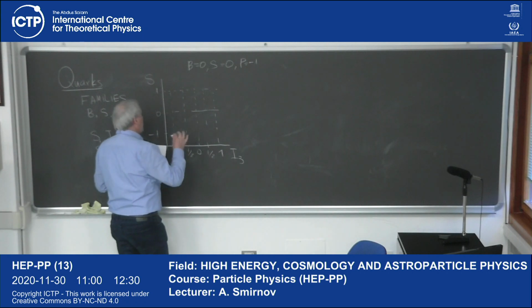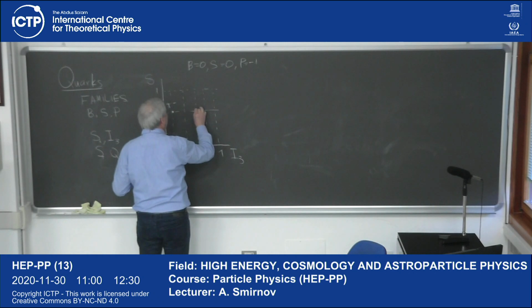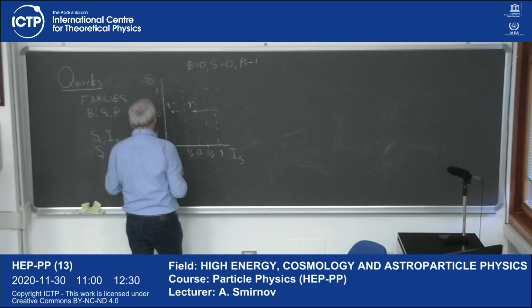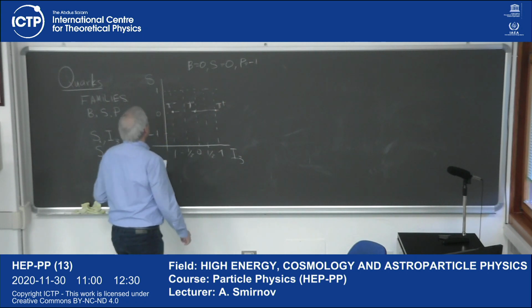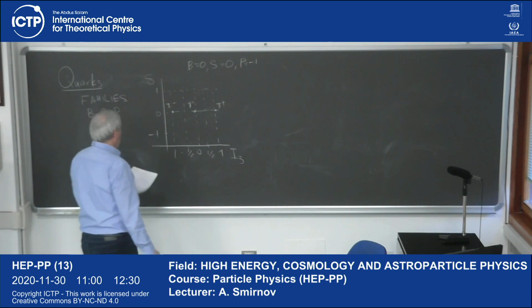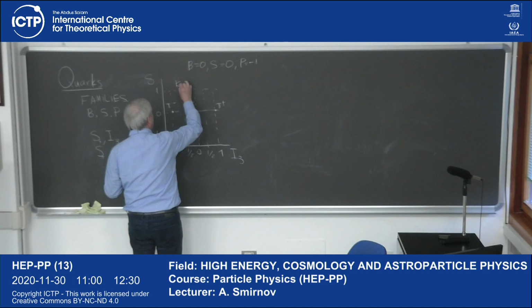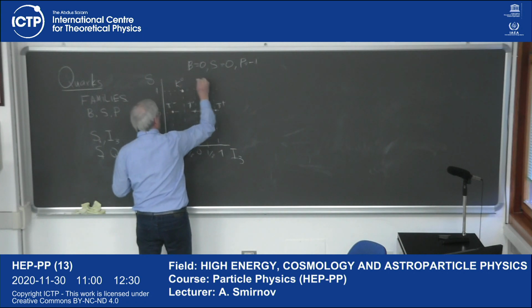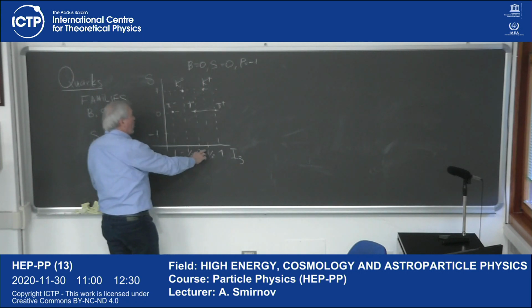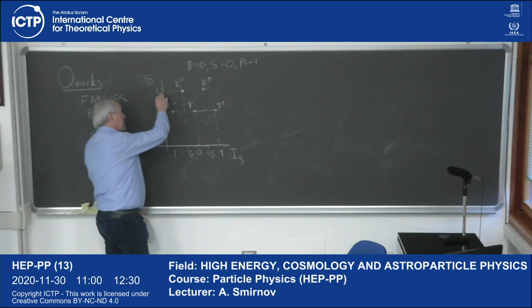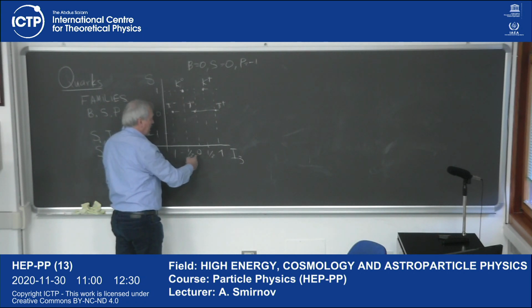So we have three pi mesons, which are pi minus, pi 0, and pi plus. They have 0 strangeness. Now we have four K mesons, as we discussed before: K0 and K plus. They form an isospin doublet. They have strangeness 1, and they form a doublet with isospin projections 1/2 and minus 1/2.